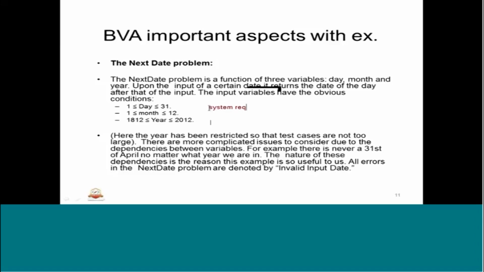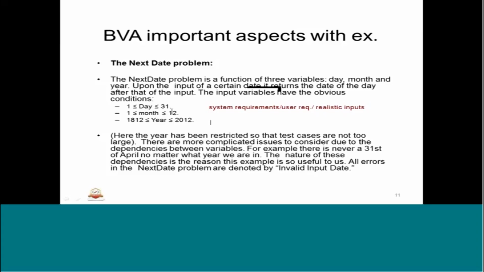we should be aware of the system requirements or user requirements, or realistic inputs. Why this is important is that one value is dependent on the other one. Here we know the month is dependent on the day.